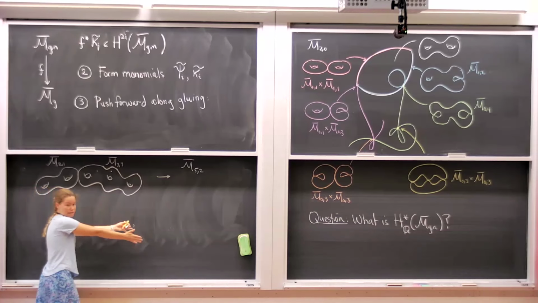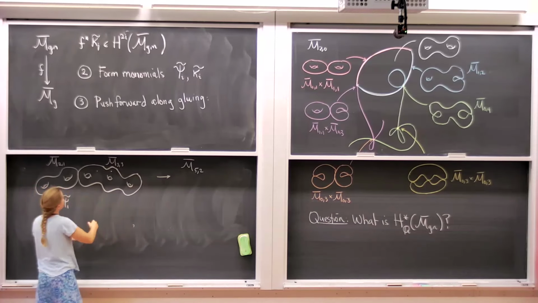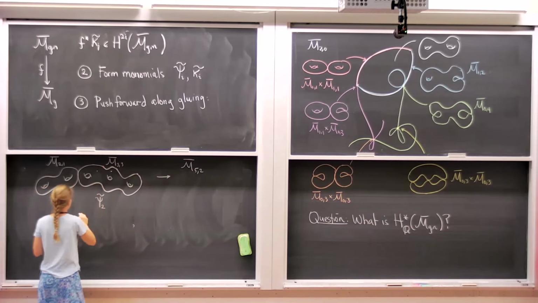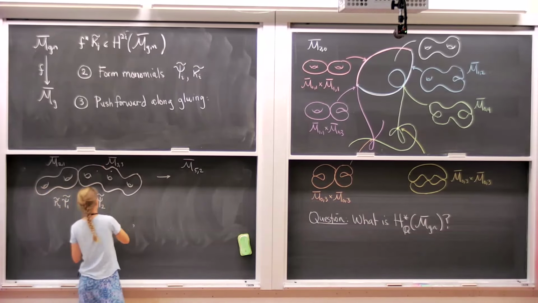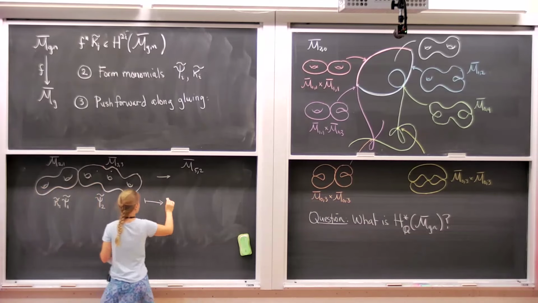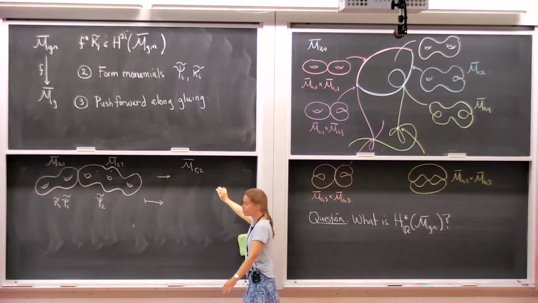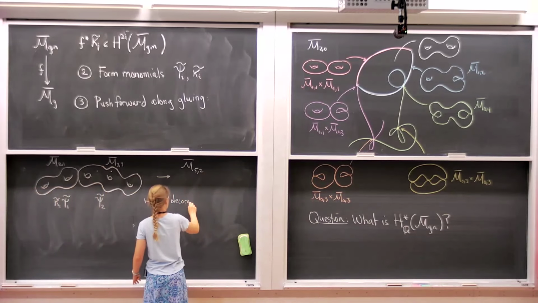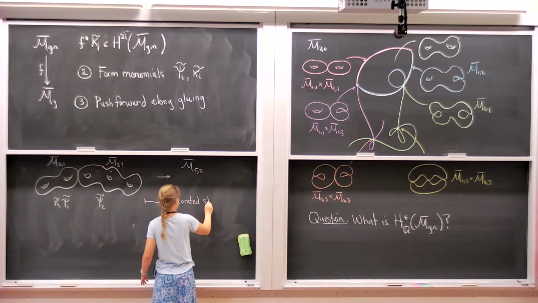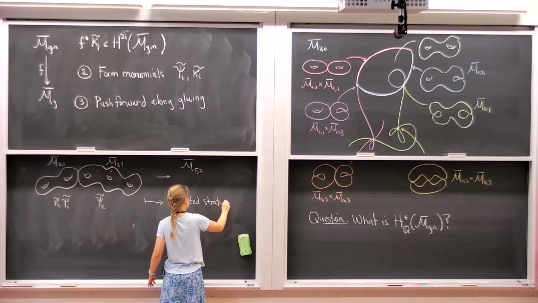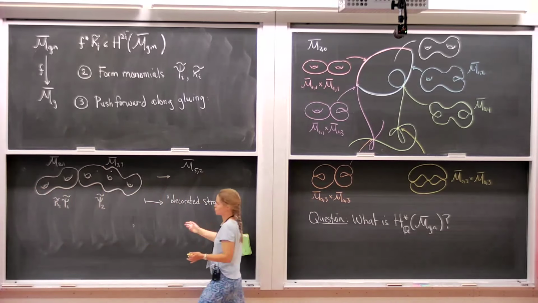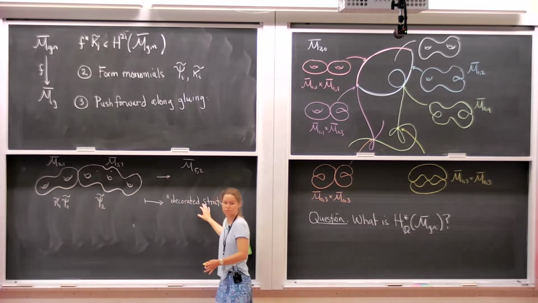And then from the other side, I could also pull back some monomial, multiply those together, and then push that forward. And this is what we call a decorated stratum class. And that's because if I use the decorations 1, it really is just the class of a boundary stratum.